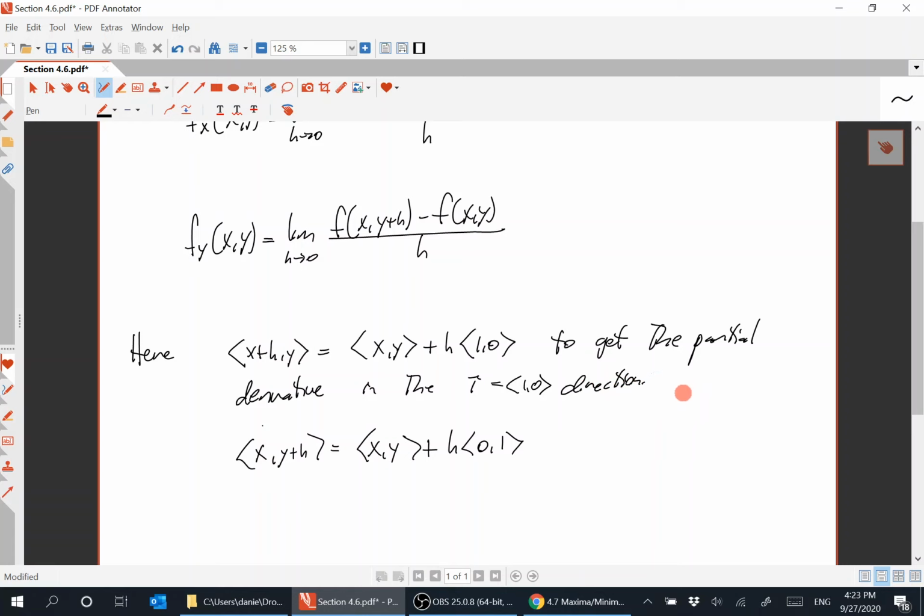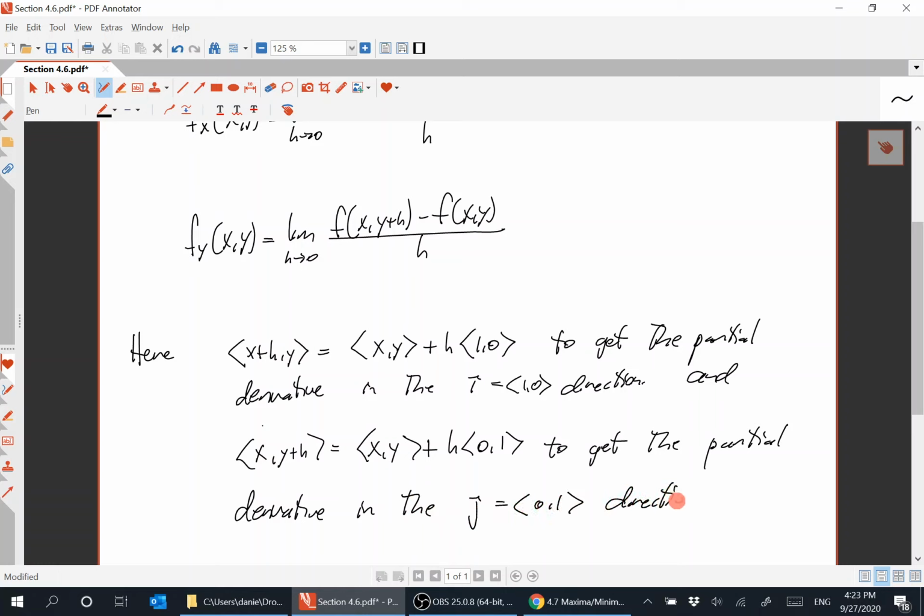And here, to get the partial derivative in the j, which is the (0, 1) direction.